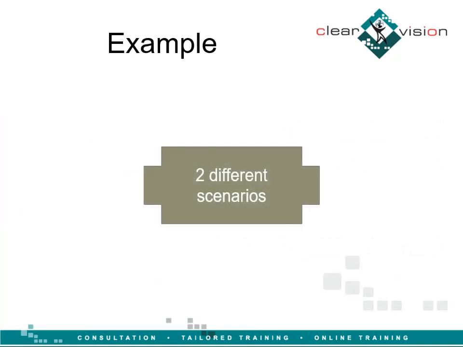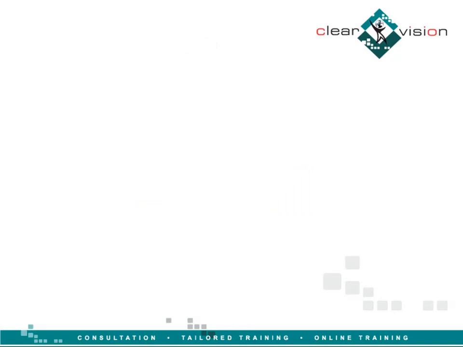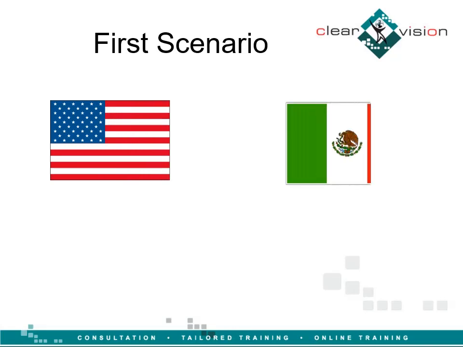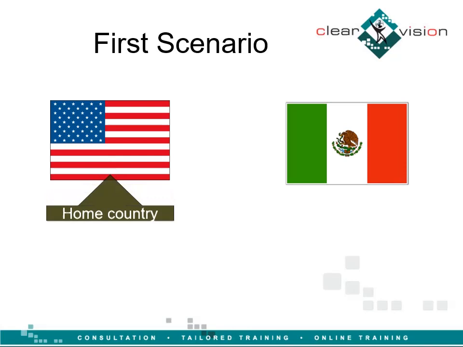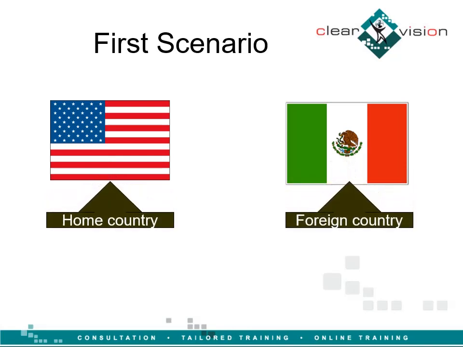Let's take a detailed example to see the effect of exchange rate in two different scenarios. Let's assume we have an American investor interested to invest in Mexico. So here the home country is the United States of America and the foreign country is Mexico.